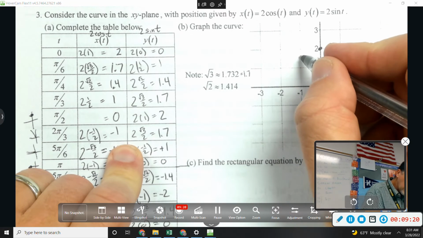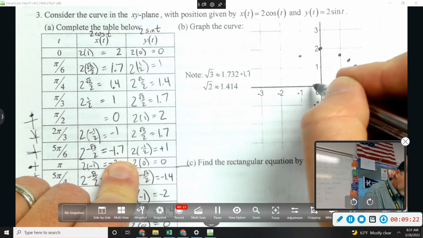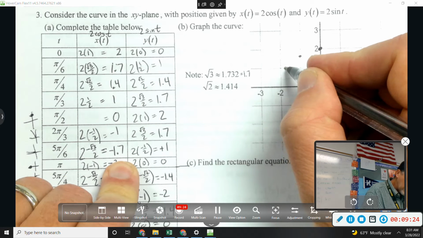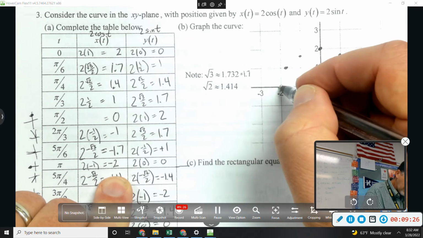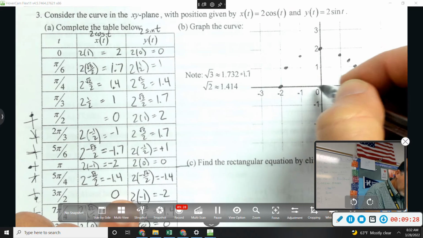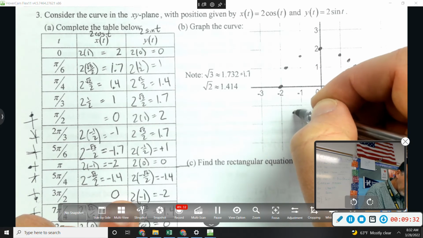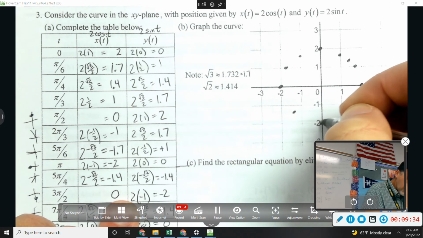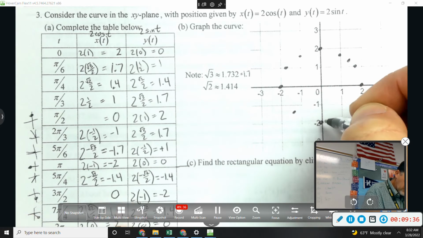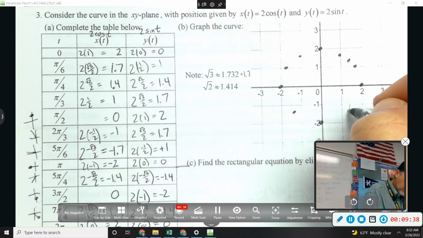Negative 1, 1.7, negative 1.7, 1, negative 2, 0, negative 1.4, negative 1.4, 0, negative 2, 1.4, negative 1.4, and 2, 0.